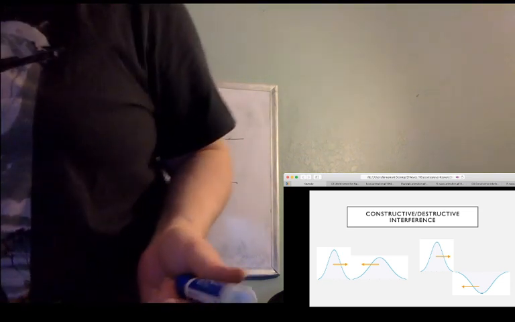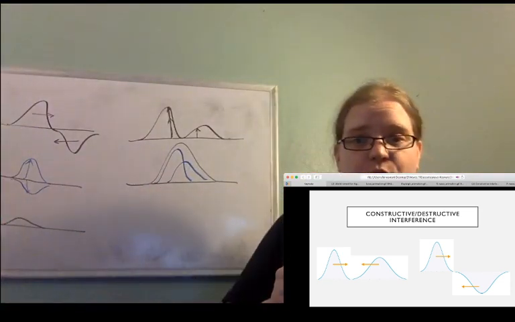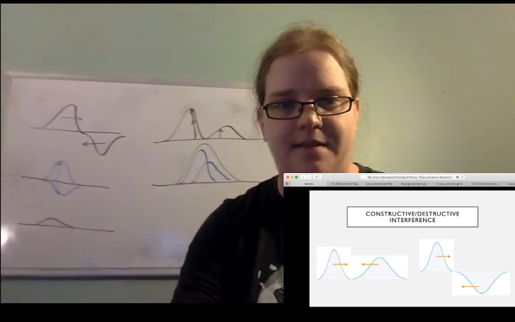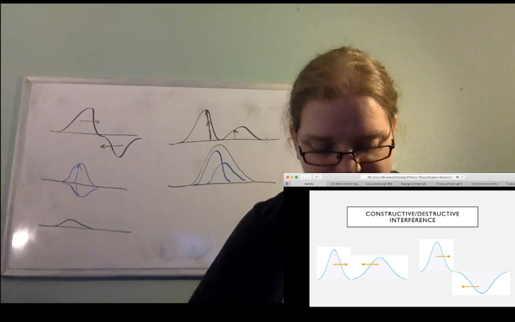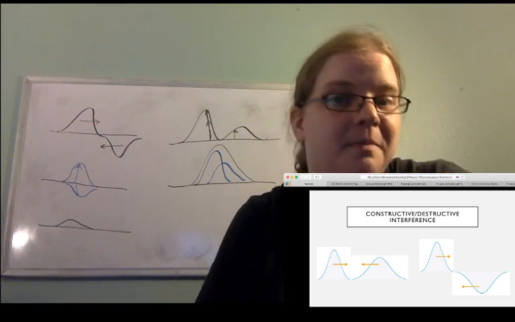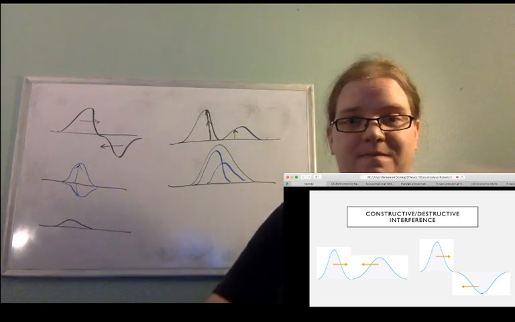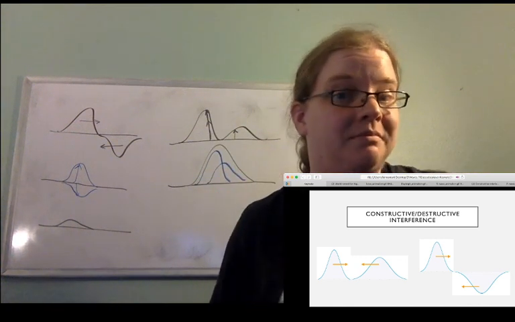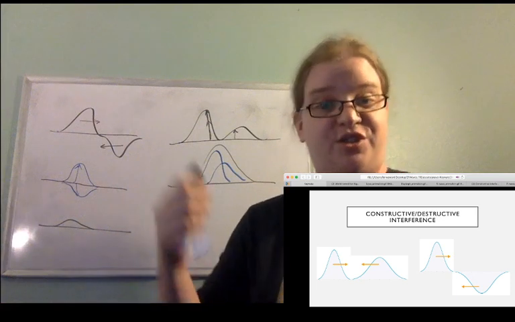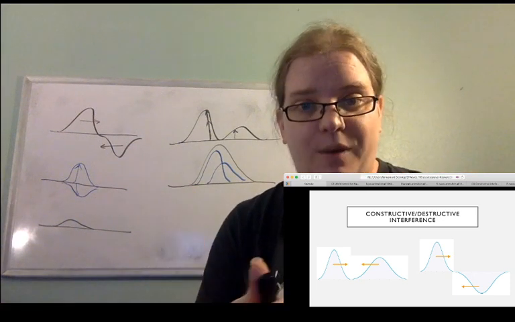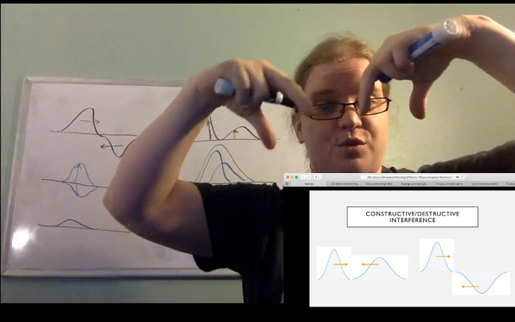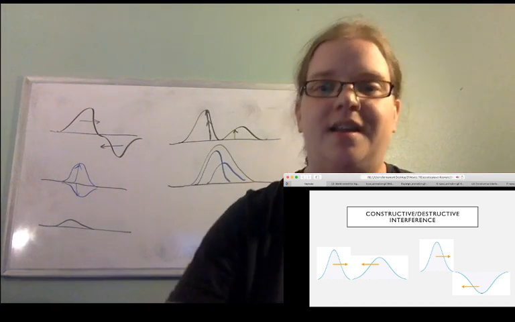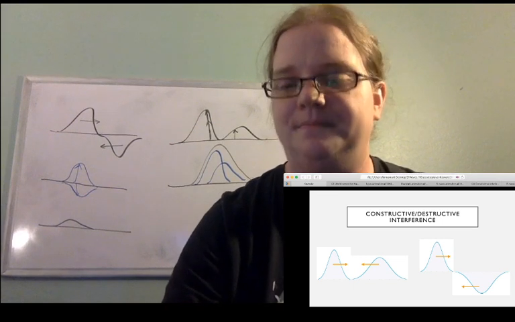And what's really cool is that if you had two waves that were exactly the same, but they were like this, they could completely cancel to zero. So for some moment, two waves could make zero wave. Or if you had two waves that were the same on top of each other, two waves for a moment make twice the wave. And that is how waves combine.